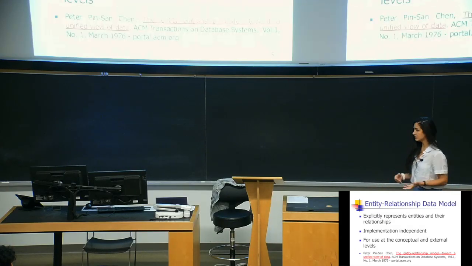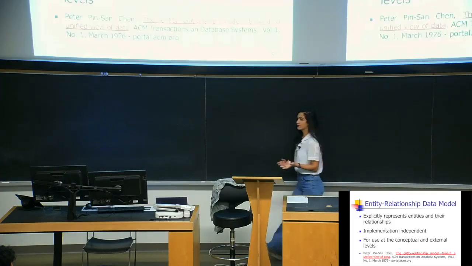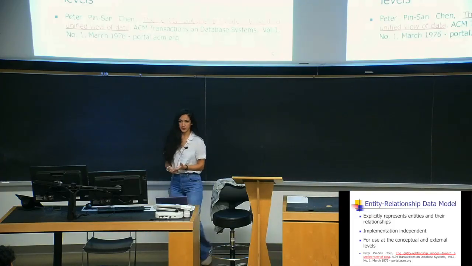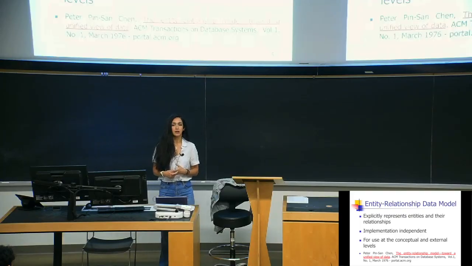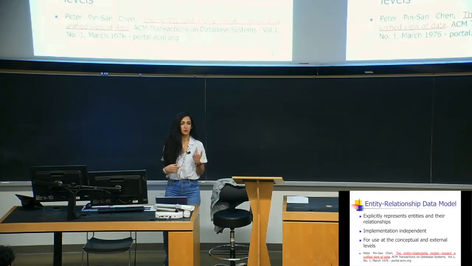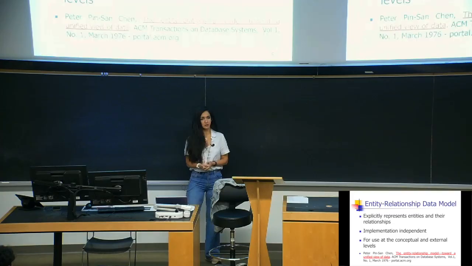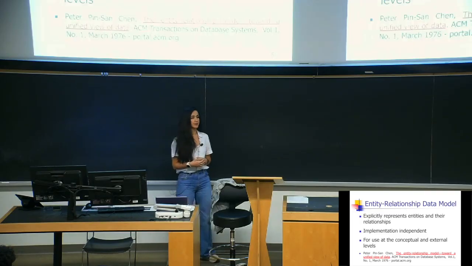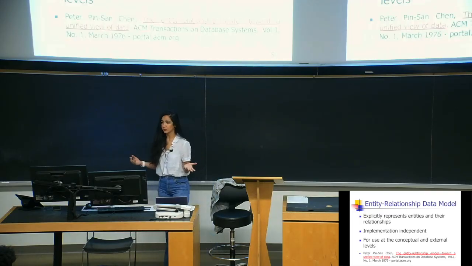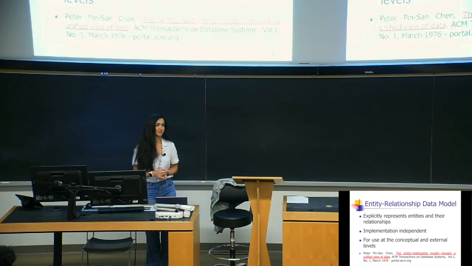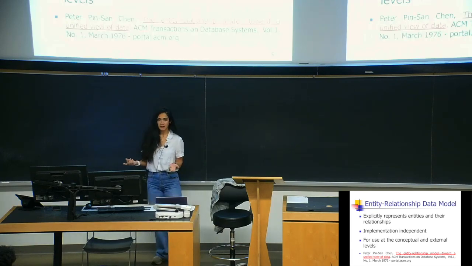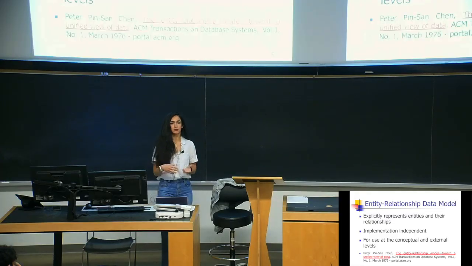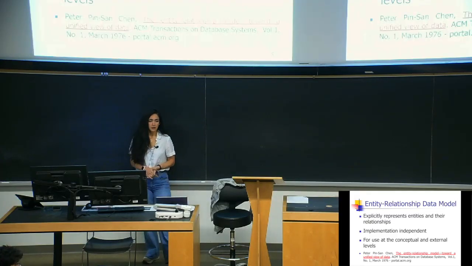So what is an entity? It could be anything, like a person, an object, or a place. It could be, for example, a restaurant. Your entity could be a restaurant. And then what could be the attributes? Restaurant location, for example, restaurant star or level, cuisine, and so on.